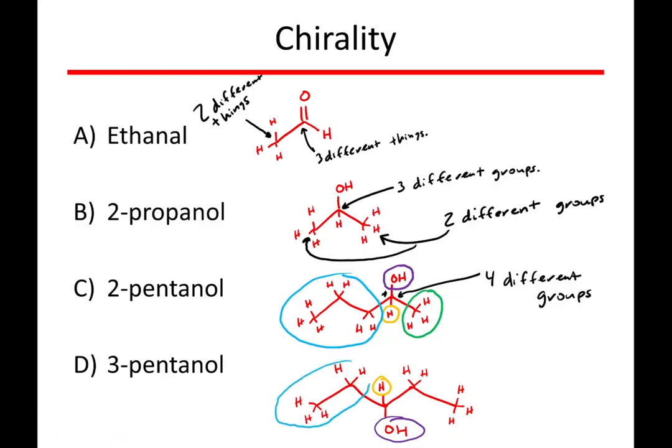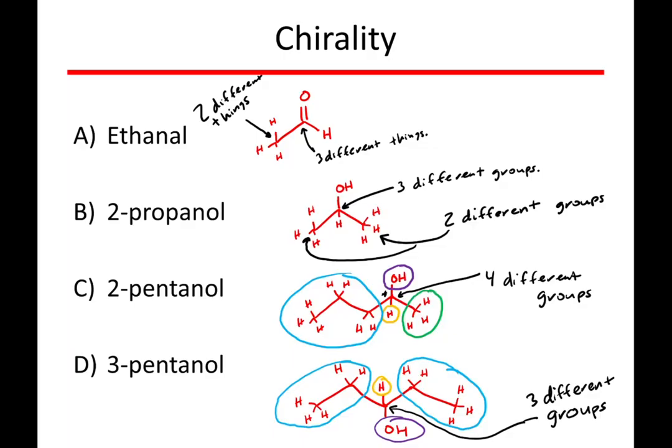That's a chain of 2 carbons. On the right-hand side of the molecule, we also have an ethyl group, right? It's a chain of 2 carbons, and then that's it. So here, this carbon atom is only attached to 3 different groups. Therefore, this molecule does not contain an asymmetric carbon. This molecule will not be chiral. It will not have optical isomers.